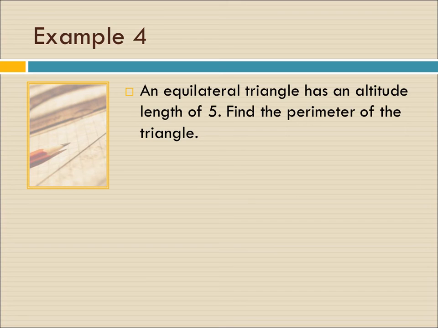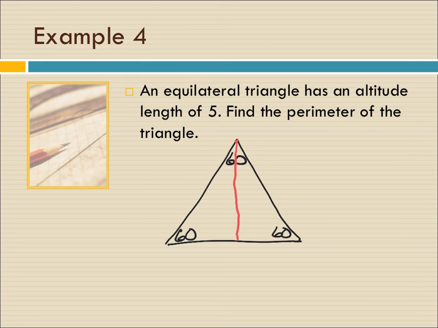That doesn't look very equilateral. Let's say this one's equilateral. Okay, so we know that when you have an equilateral triangle, all three angles are going to be 60 degrees. I'm also going to draw in my altitude. The altitude's going to go straight down the middle here, and it's got a length of 5.